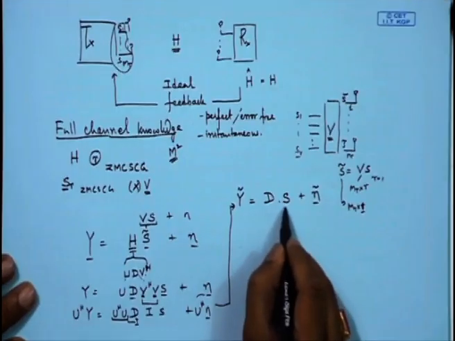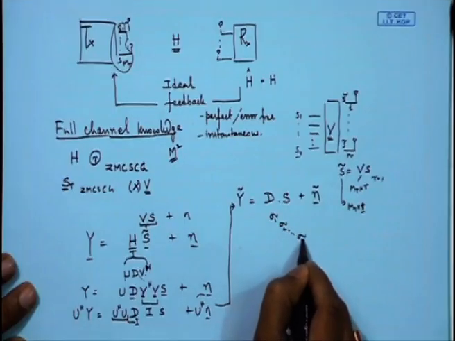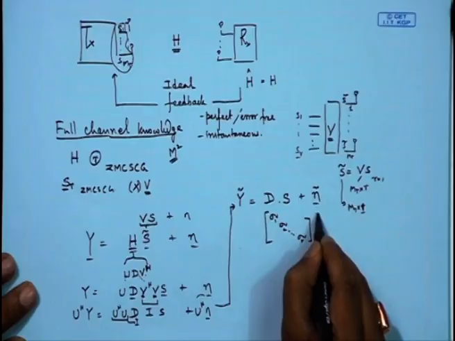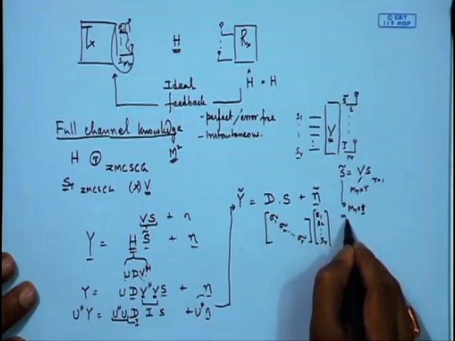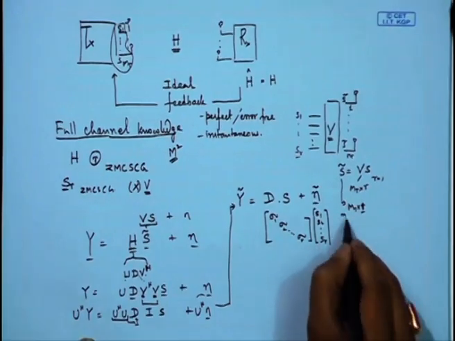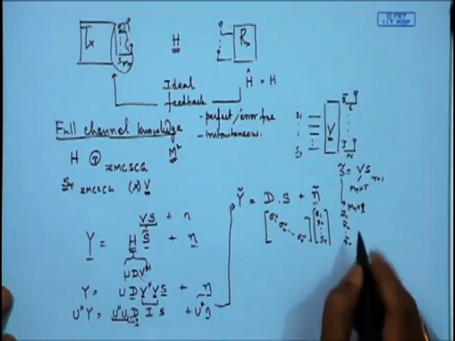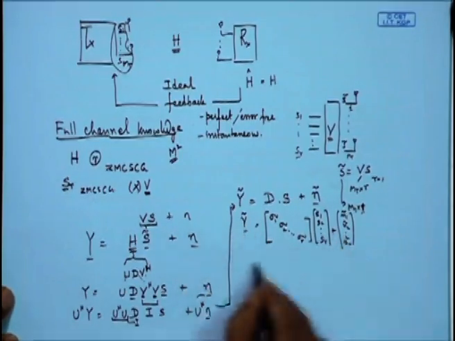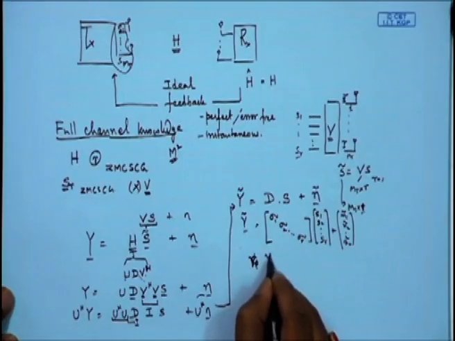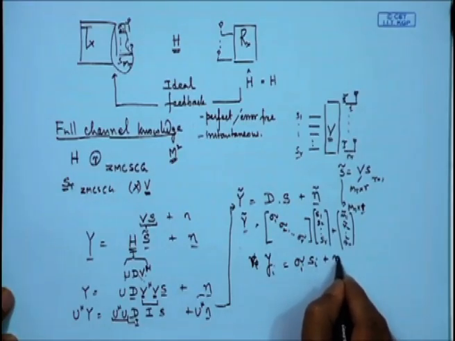If we look at this, D is singular value 1, singular value 2, up to singular value R, and S is S1, S2 up to SR, and this is N tilde 1, N tilde 2 up to N tilde R. So what we have as Y tilde is, for each line, yi equal to sigma i times Si plus N tilde i.